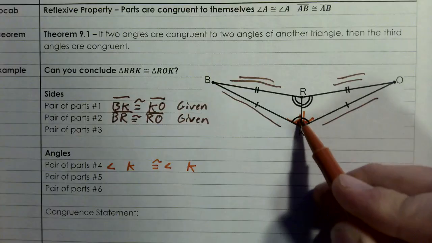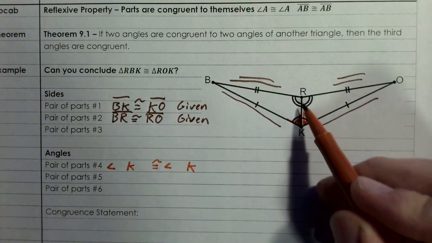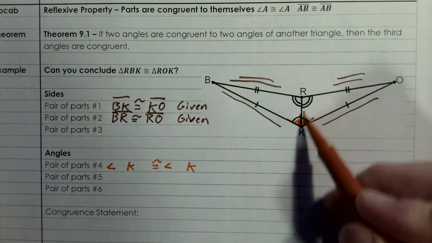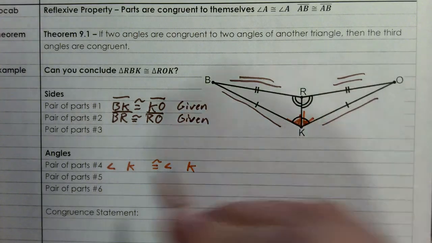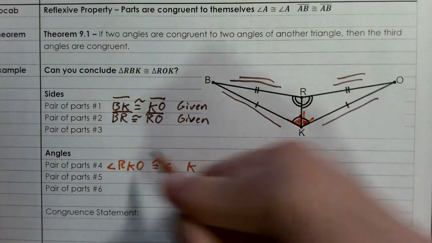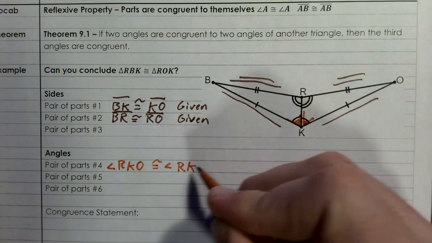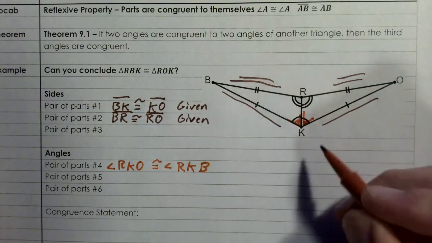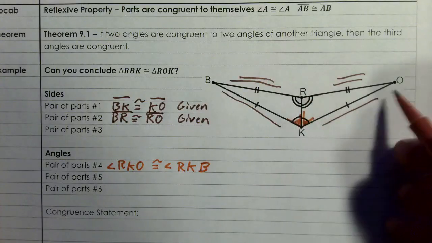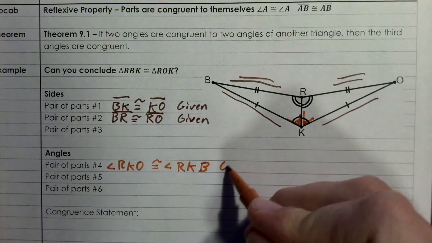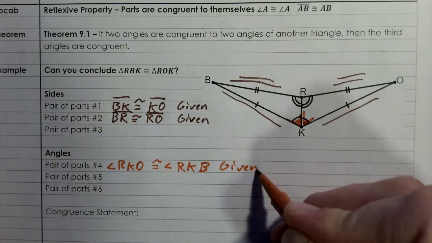Since it's not really clear where K is, I need three letters to name this angle here. So I could say RKO is congruent to RKB. Use three letters to label an angle if it's not clear. And again, I just saw that on the diagram, so that's given.